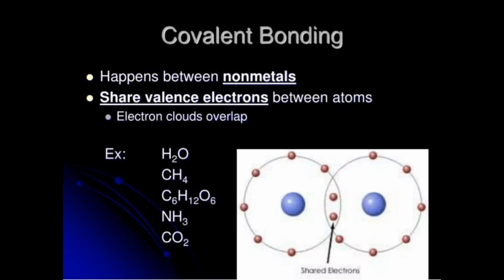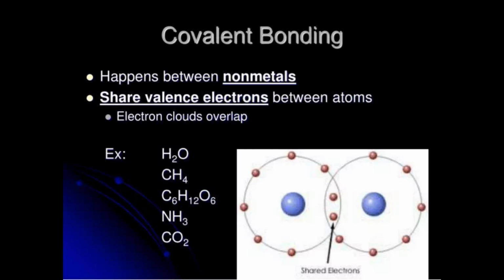Covalent bond is a bond that happens between non-metals. It involves sharing of valence electrons between atoms, or what we call electron clouds overlap. So in covalent bonding, electrons are shared.